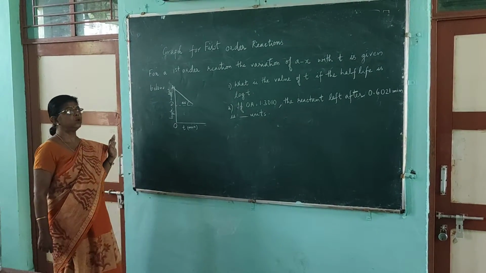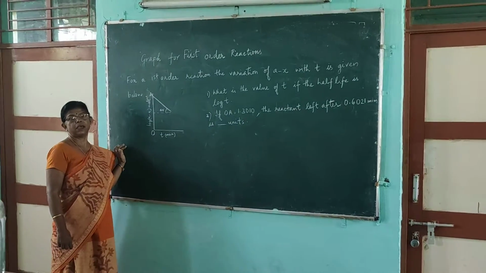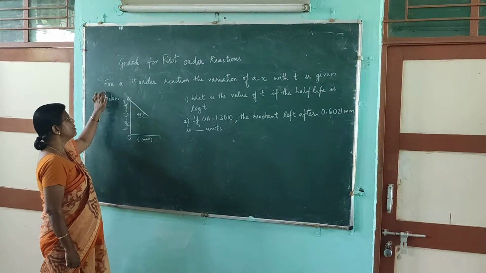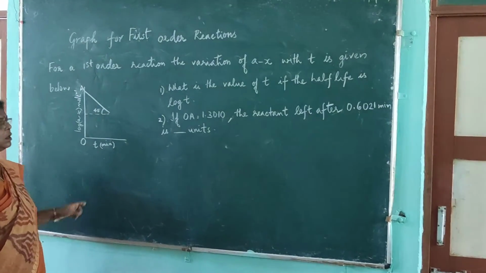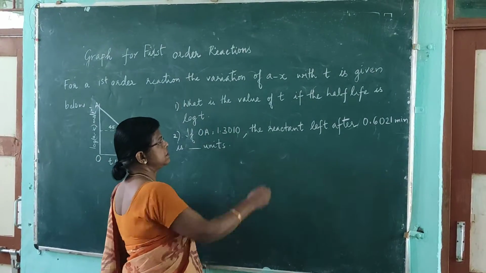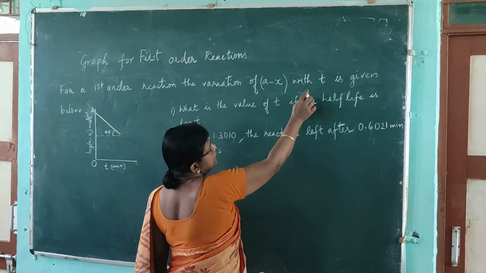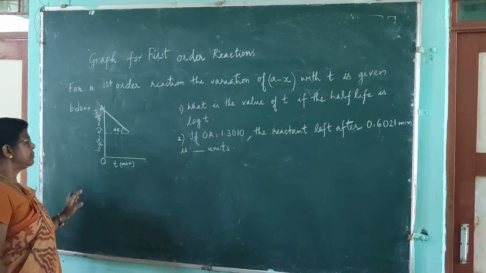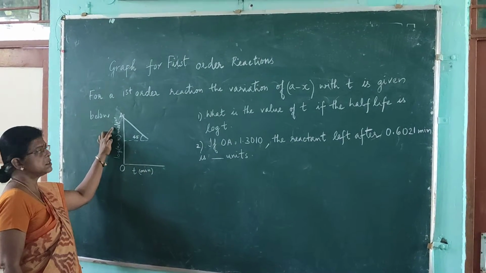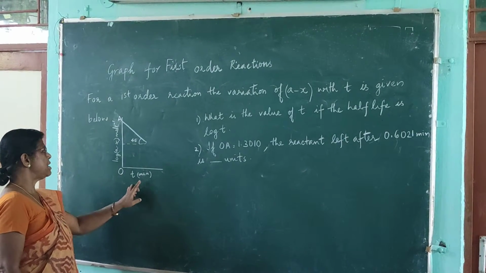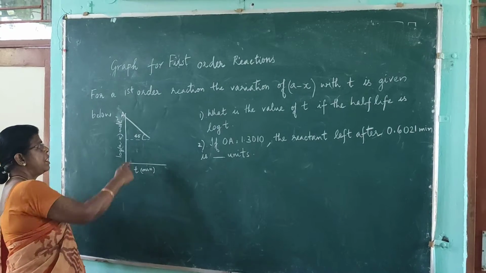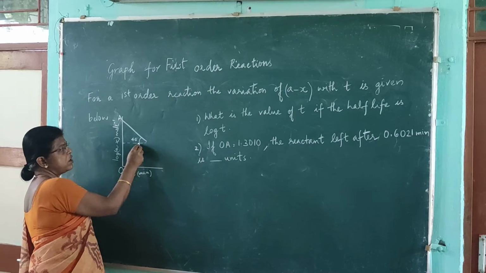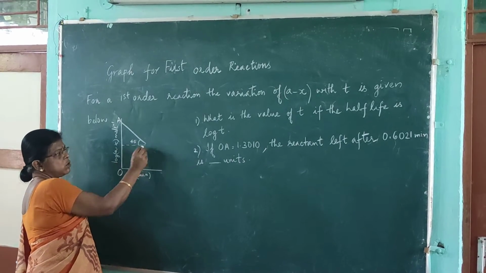Now let us do a problem. This is a JEE question. The question is, for a first order reaction, the variation of log A minus X in moles per liter with T in minutes is given below. The graph is a straight line, and it is making a 45-degree angle with the horizontal.